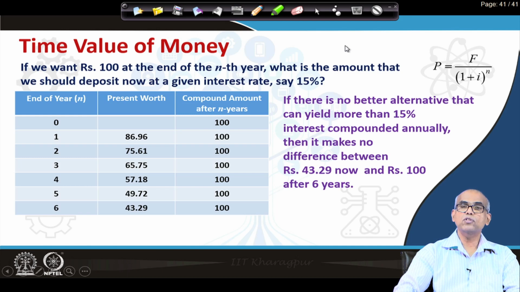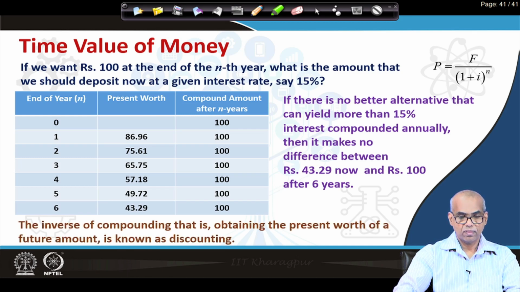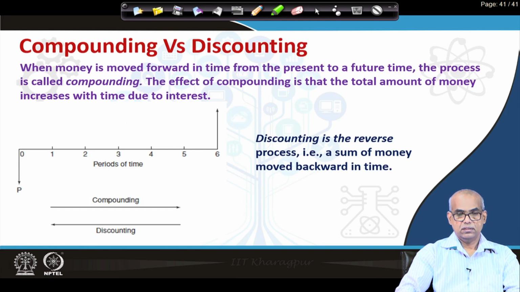This is possible because of time value of the money. The inverse of compounding, that is obtaining the present worth of a future amount, is known as discounting. So, when money is moved forward in time from the present to a future time, the process is called compounding. The effect of compounding is that the total amount of money increases with time due to interest.